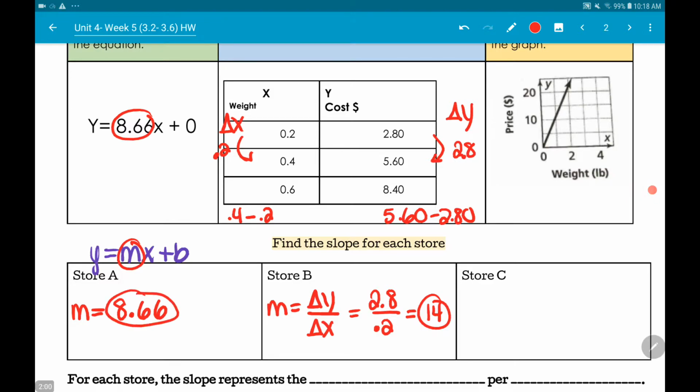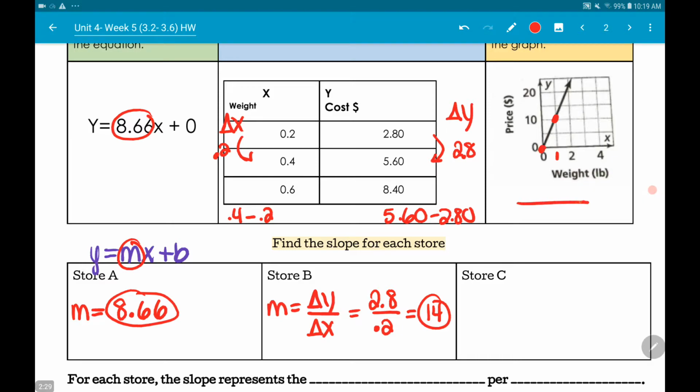All right, store C is from a graph. So whenever we have from a graph, we need to first make a table. So I need to pick some points. So I see this point is 1, 10. Sorry, I'm having a hard time seeing this, so you probably are too.